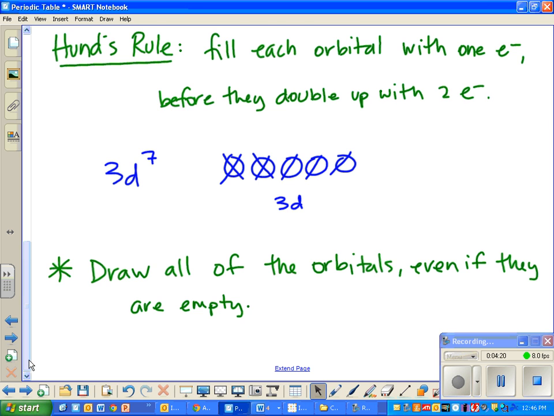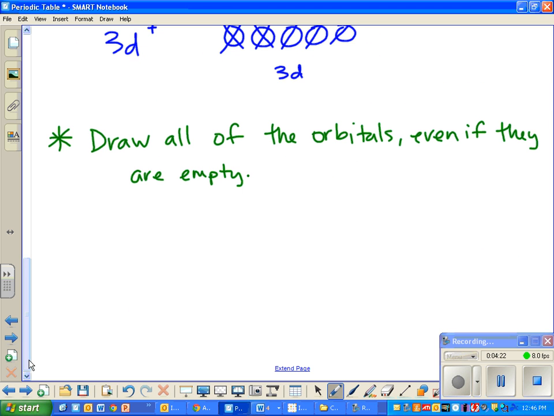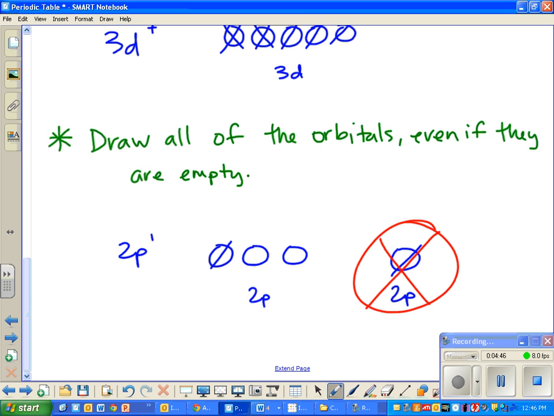So for example, if you had 2p1, you'd have 3 p orbitals. We'd label it 2p. Only 1 electron would look like that. You still have to draw the other ones to show that those orbitals exist and that they are just empty. This would be incorrect if you just had that.